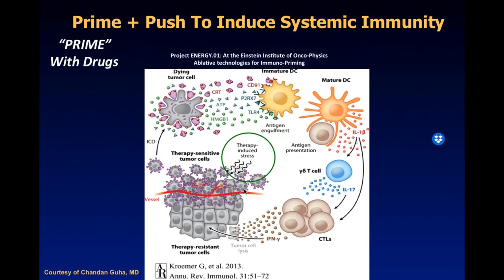If we think about the immune response, one of the interesting notes of the phase 2 trial that we did on intermediate risk patients is we had no nodal failures.